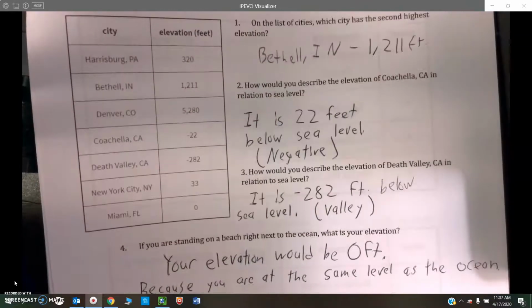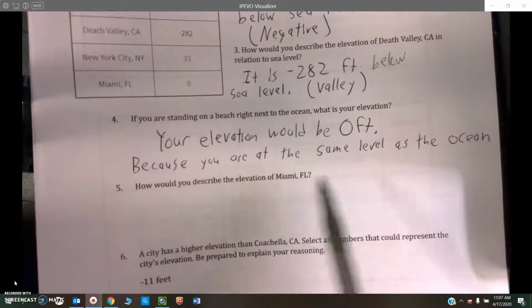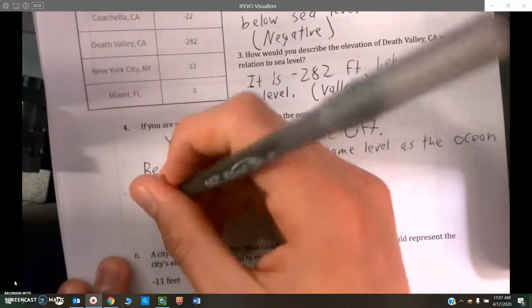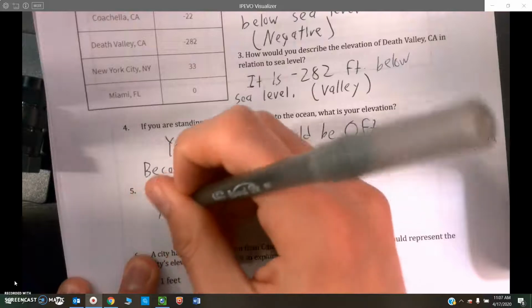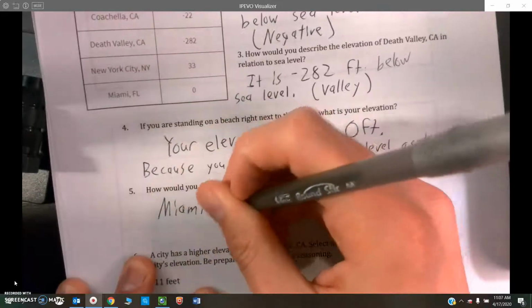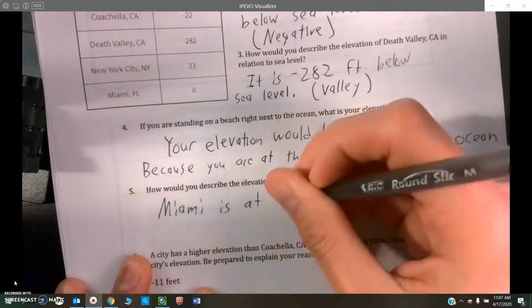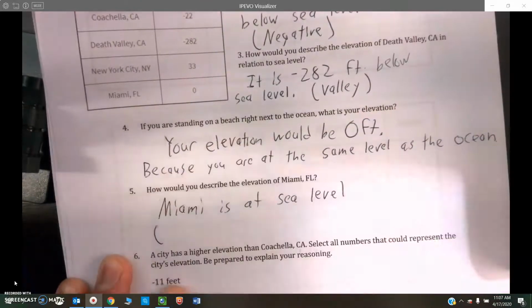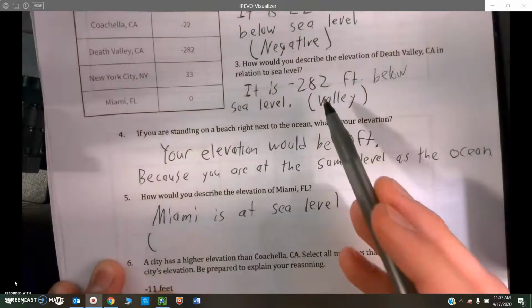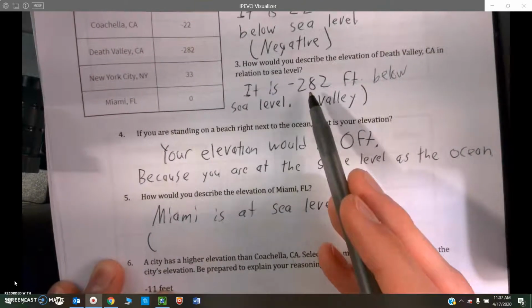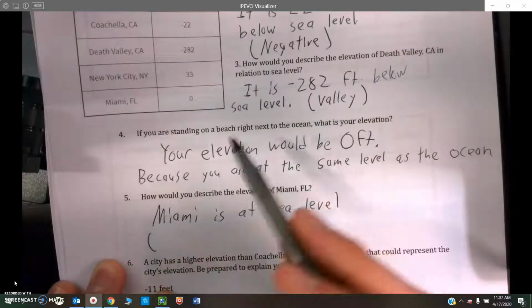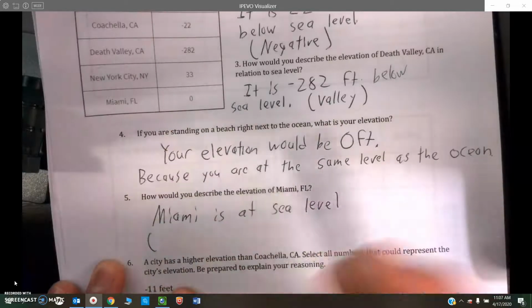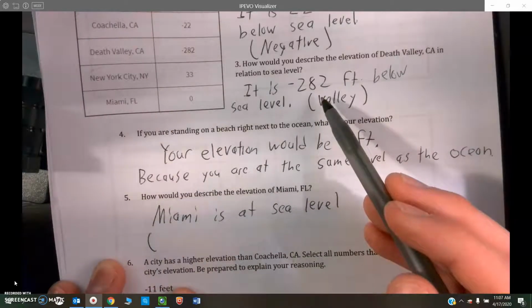How would you describe the elevation of Miami, Florida? So Miami is at sea level. And we can kind of imagine why, just like how Death Valley, we could imagine why it was such a strong negative, because it's got valley in the name, and a valley is a huge dip in landmass.